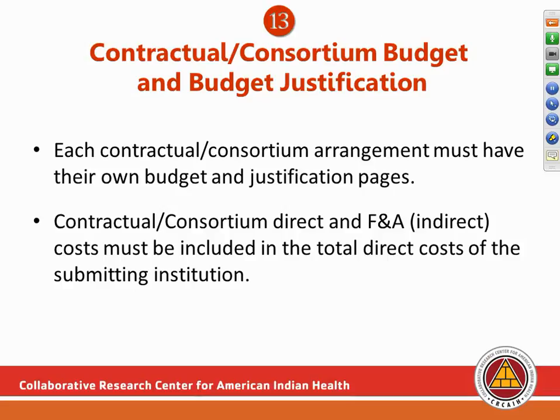Contractual and consortium direct and F&A indirect costs must be included in the total direct costs of the submitting institution. So if you're working with consortiums on your project, your total direct costs must include their total direct costs and the indirect costs of the consortiums. There is no page limit for this section, and more details are available on page 11 of the RFA.